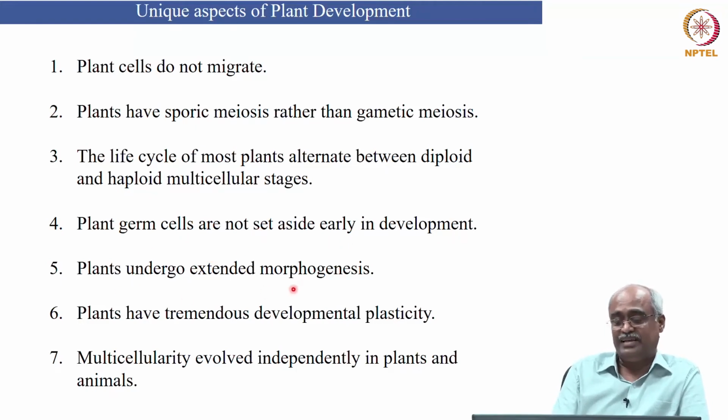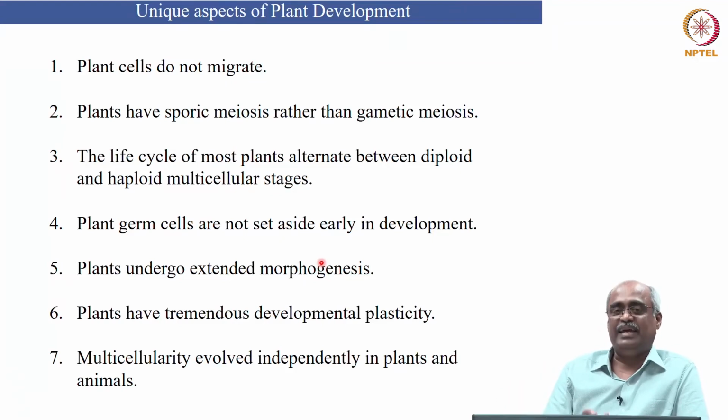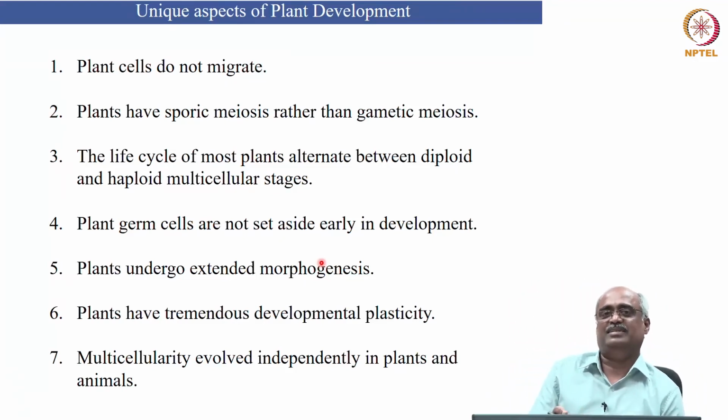Then plants undergo extended morphogenesis. If you cut off your finger, it is not going to come back. The rest of your hand is not going to develop a finger. But that is not the case with plants. You pluck a leaf, the leaf grows. You cut a branch, another branch grows up. So they can undergo morphogenesis throughout their existence.